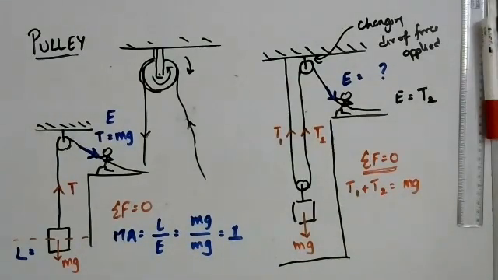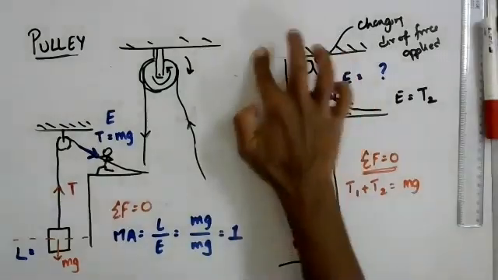Right? Then? Since it's the same length of rope, the tension T1 has to be equal to... What have the lengths of the rope to do with the tension? I'm guessing, I think T1 should equal T2. What if I make it like this?